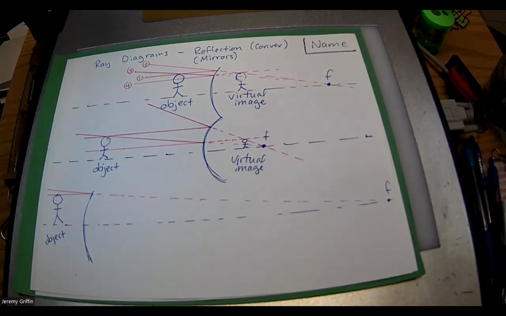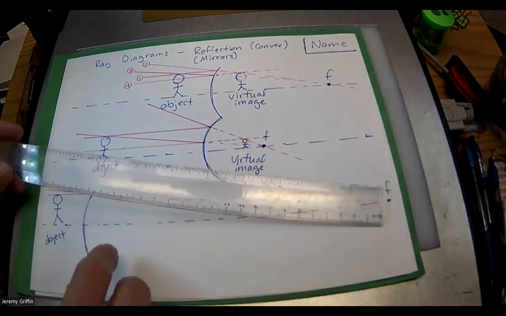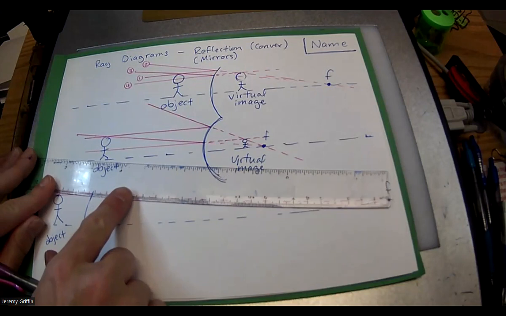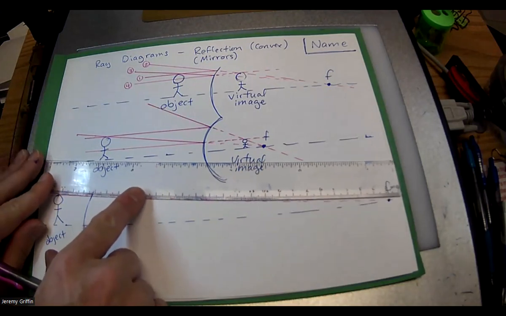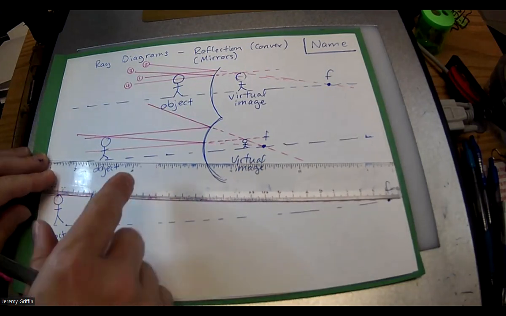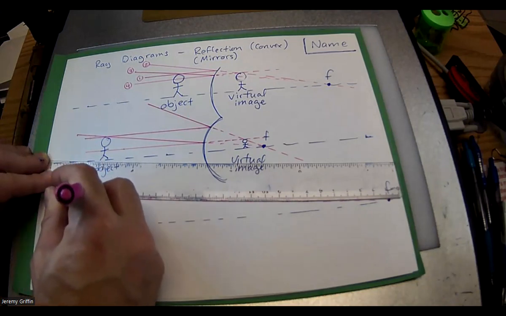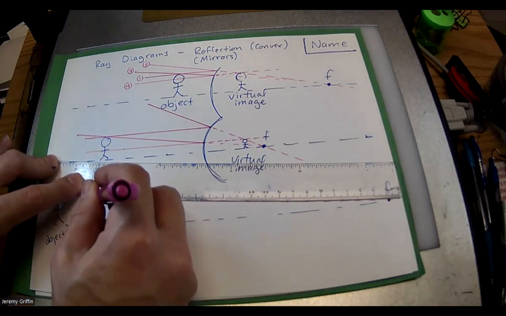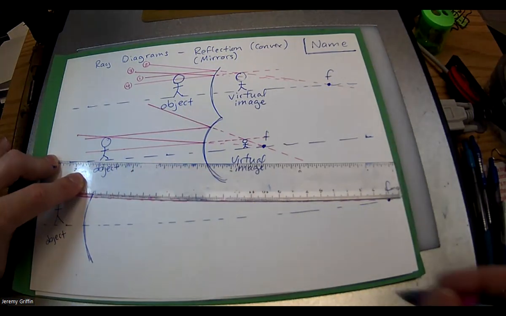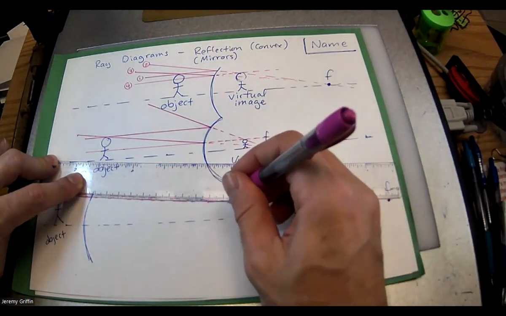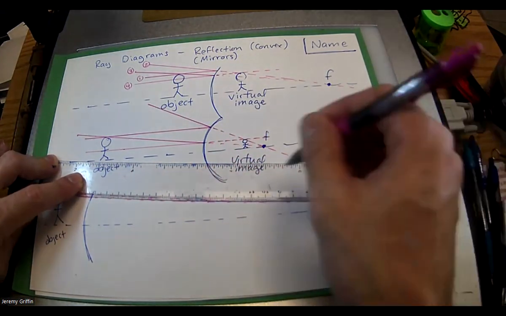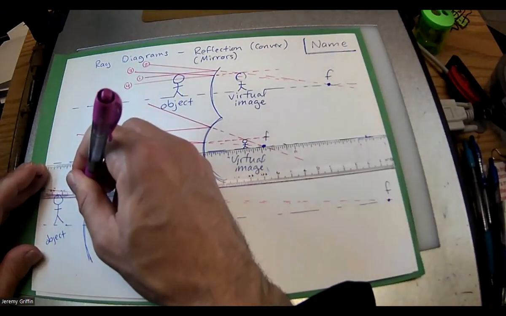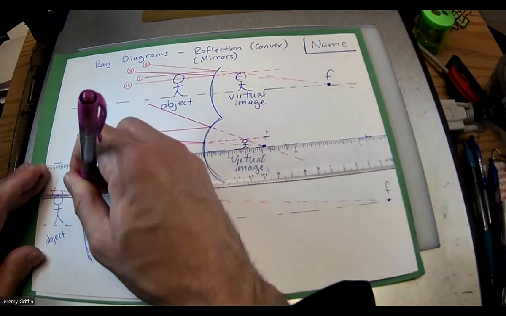And the other thing we did for the first two was we went from the top of his head straight for the focal point. Dash all this. And that would bounce off parallel to the ground again.